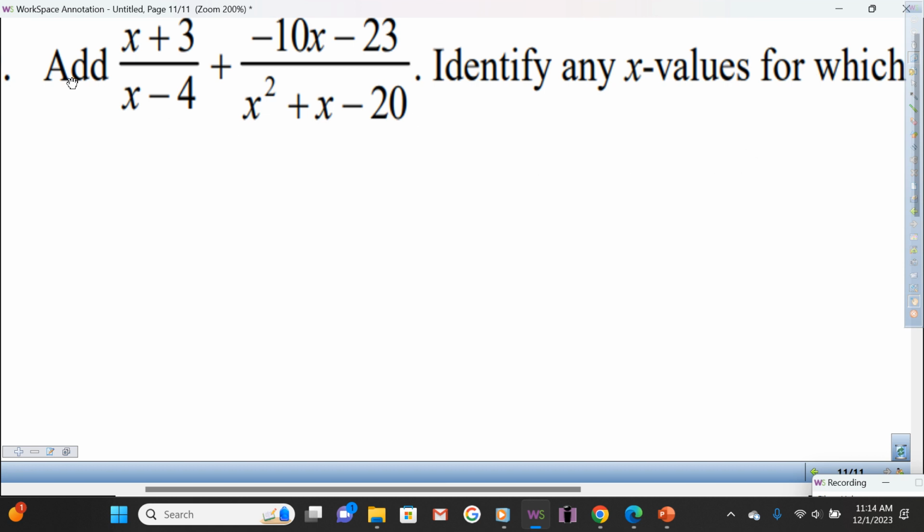So we're going to do the first part, which says add. In order to add 2 fractions, turn to your neighbor, let them know, what do we need to have when adding 2 fractions? We need to have what, Jacob?